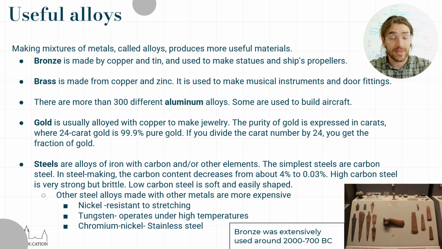So if something is 24 karat, it's the closest to 100% that you're going to get. If you divide the carat number by 24, you'll get the fraction of how much gold there is in the jewelry. So 24 karat gold divided by 24 is 1, it's going to be 100% gold.